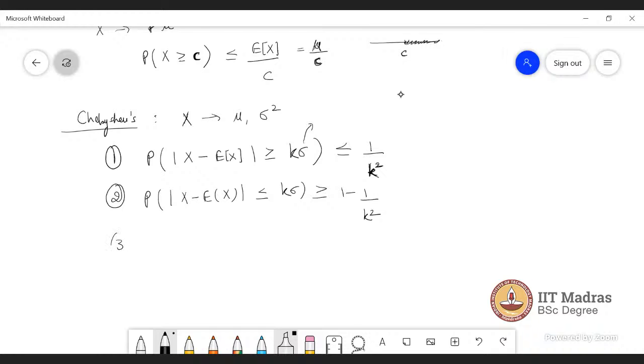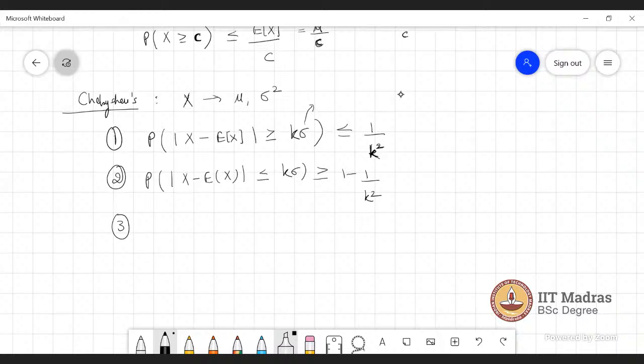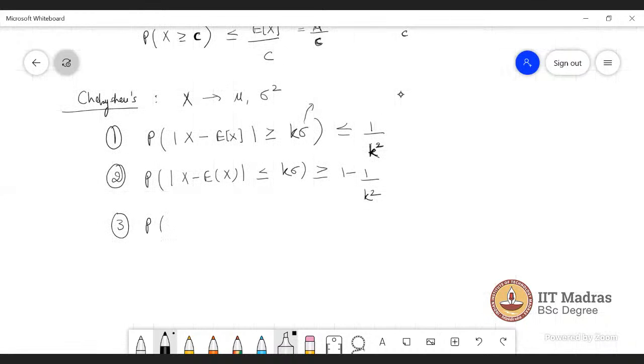And the third form that you can remember is the probability that mod of x minus expectation of x is greater than or equal to c is less than or equal to variance of x upon c square. You can use any of these inequalities in your problem depending on the context of the question. There will be some problems where you will find the first inequality easier to solve, some where the second will be easier, and some where the third will be easier. So depending on your comfort zone, you can use any one of them.